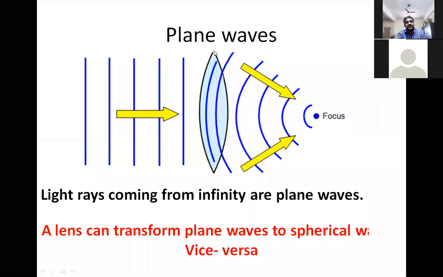One is coming from here, converging to this point. Another one is coming straight through the lens without any deviation. It joins to this point, and another light ray coming from this extreme joins here. This point you call the focus. And the distance from the focus to the pole, the center of the lens, is what you call the focal length. Probably you might have studied ray diagrams.